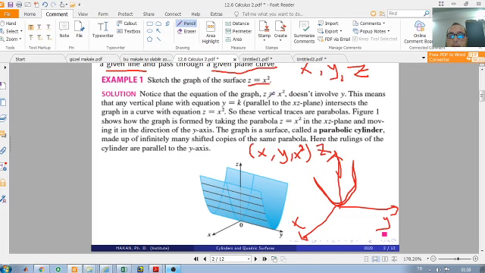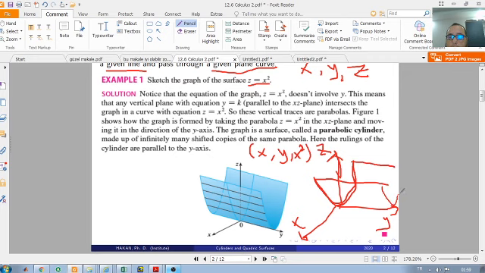Y is not in the equation z is equal to x squared. Therefore, we move the graph of the plane curve z is equal to x squared along the y-axis, and we get this graph.